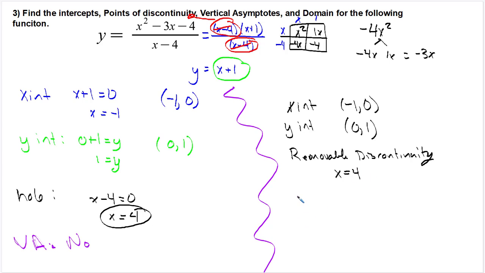And we have no vertical asymptotes. So that means our domain is all real numbers except at x equals 4.